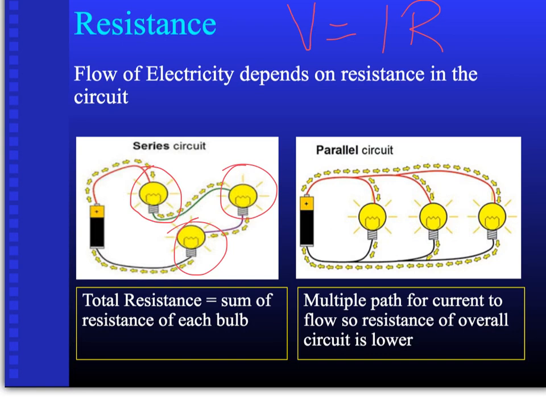In the parallel circuit, because you have multiple paths for the current flow, the resistance of the overall circuit is much lower because each resistance in each circuit is less than the total resistance in the series circuit. So the current in each of the three circuits is greater than the total current in the series circuit.